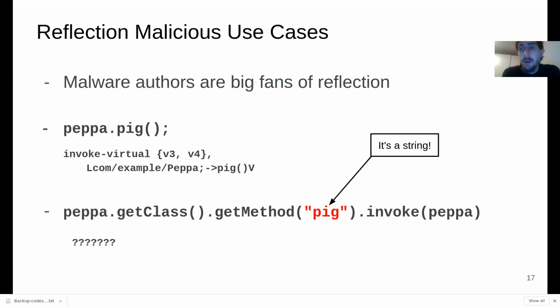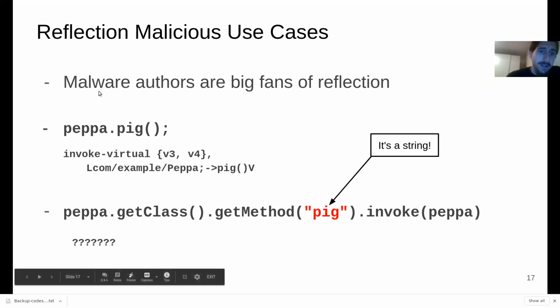So I want to dig a bit deeper into why malicious people actually like this so much. Again, let's go back to the example Peppa Pig. And now we are here with the reflective way of calling Peppa Pig.